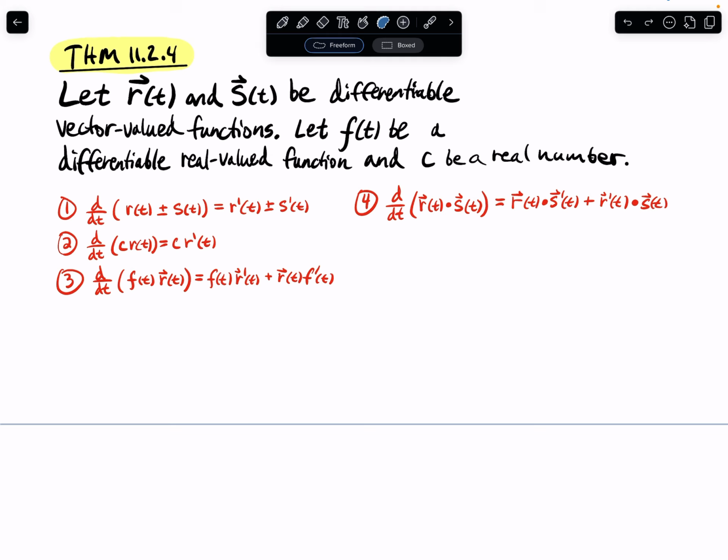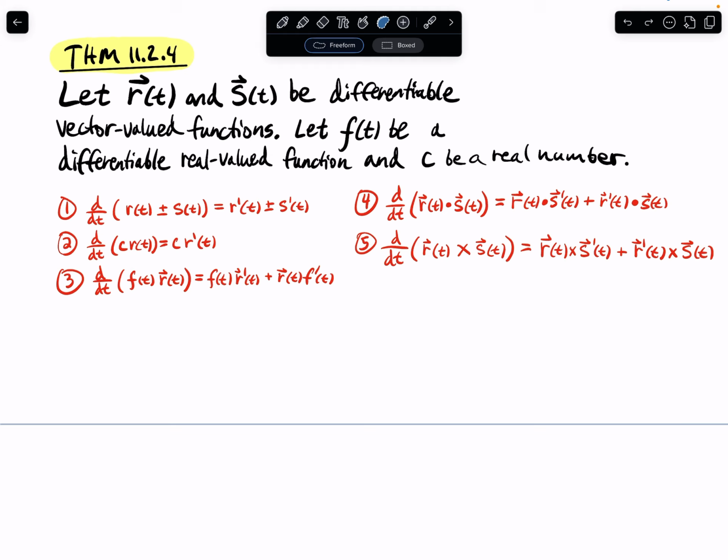Number 4, if I take the derivative of the dot product of two vector valued functions, then it's the first dotted with the derivative of the second plus the derivative of the first dotted with the second. Oh, I probably messed that up, but you can see it right there. Okay?